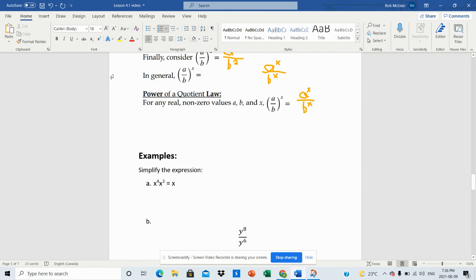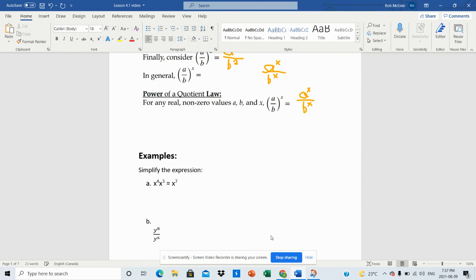So x to the seventh according to the product rule. When we're multiplying two exponents with the same base, we add the exponents. So x is our common base, and 4 plus 3 is going to be 7.